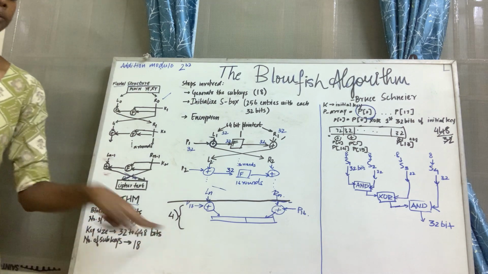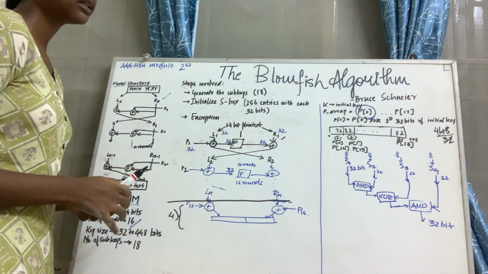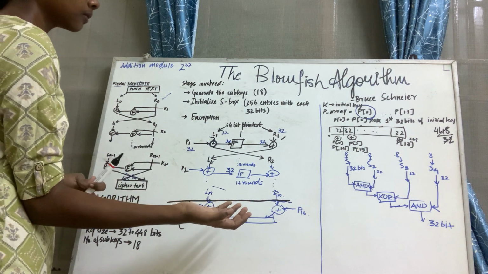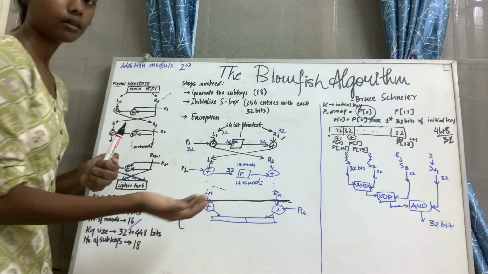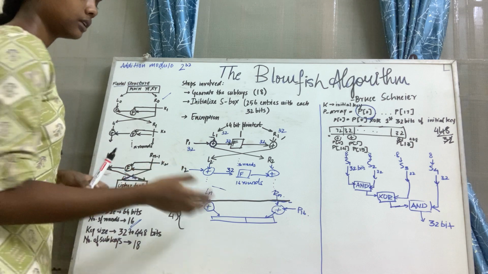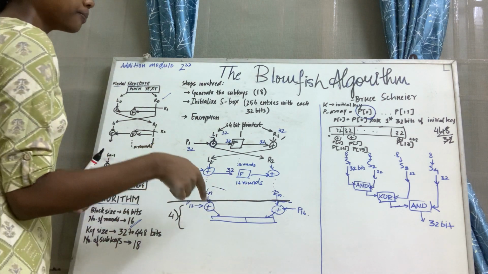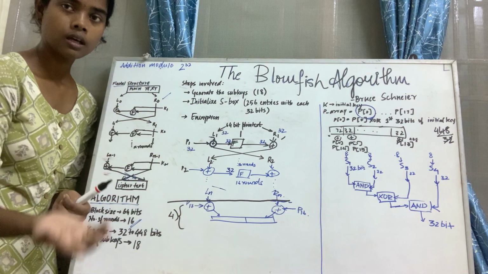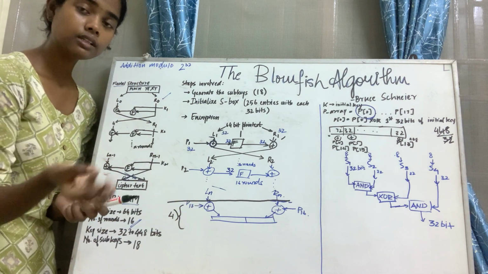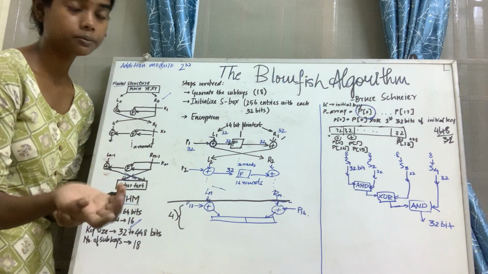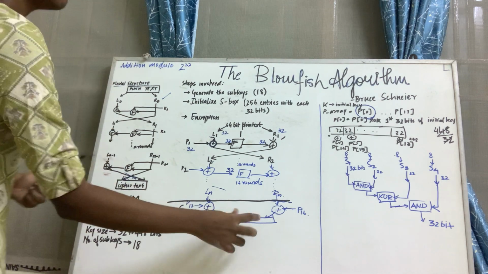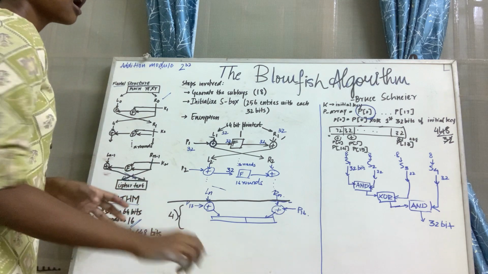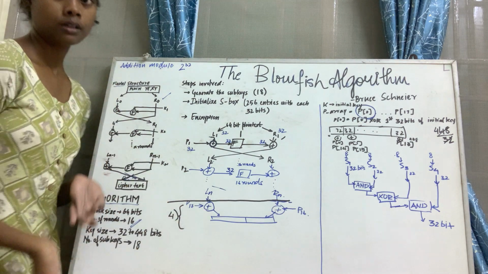So the final step is that we will be getting the final values of right and left plain text, and then we will be swapping them, and then performing XOR operation between the 17th and the 18th subkey. So finally we get the cipher text, and how exactly do we decrypt it?